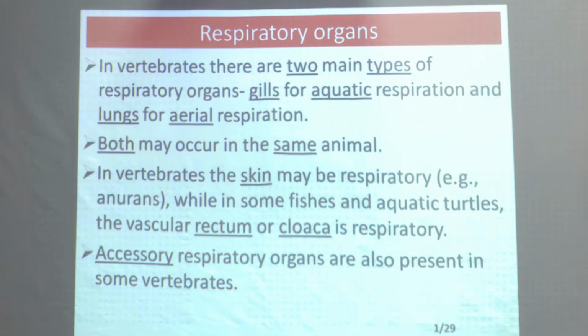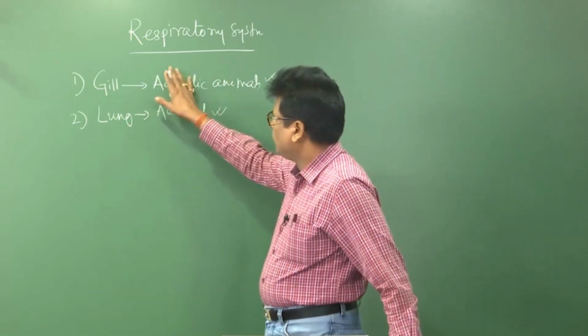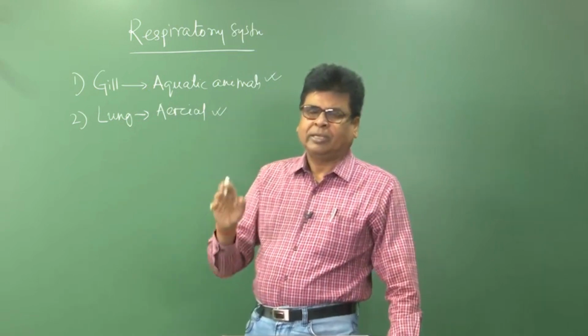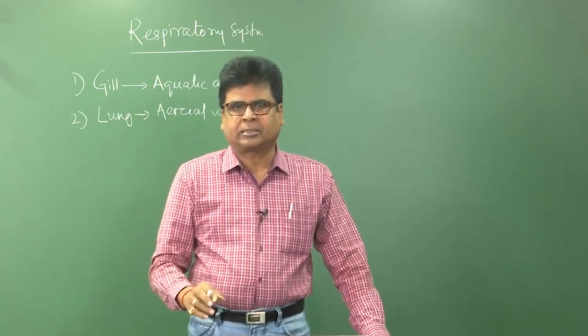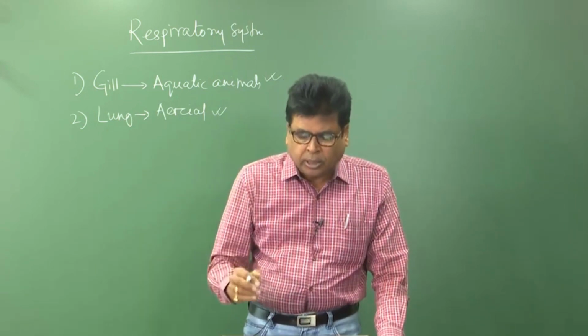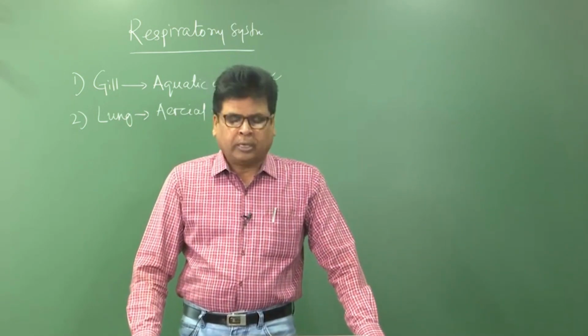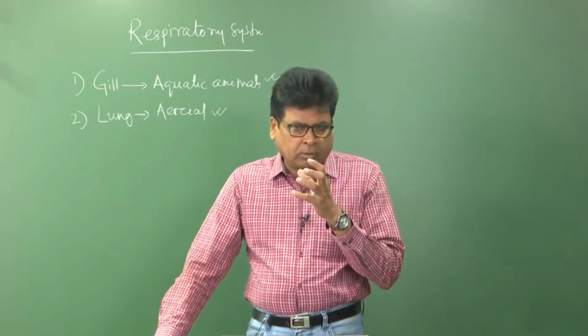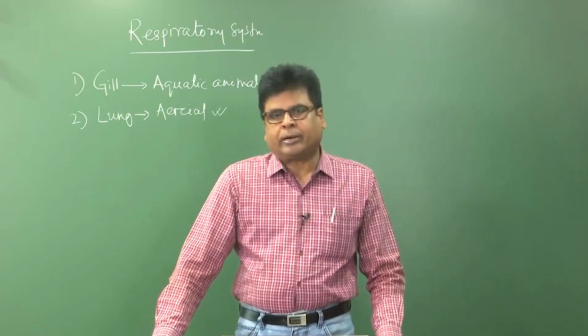That means the most important fundamental organs for respiration are gills and lungs. Besides that, in amphibians the skin is also involved in respiration. In turtles the cloaca is also involved in respiration, and also the vascular rectum is involved in respiration.